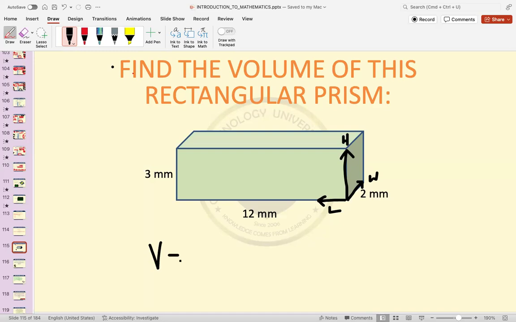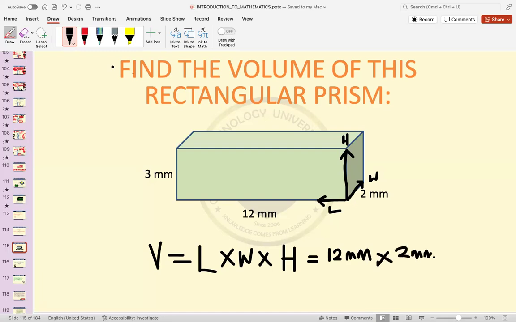So volume equals length times width times height. Length is 12 millimeters, multiplied by width, which is 2 millimeters, multiplied by height, which is 3 millimeters.